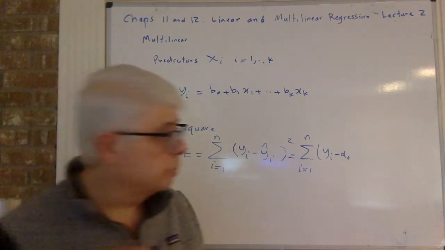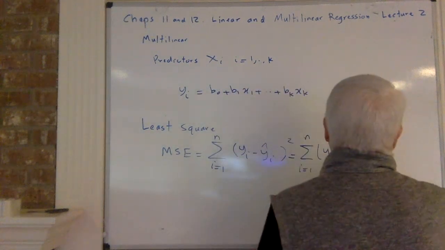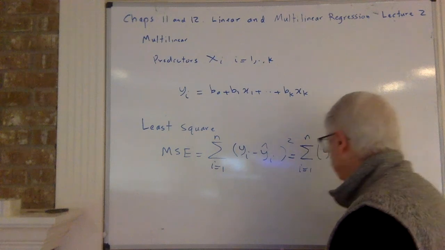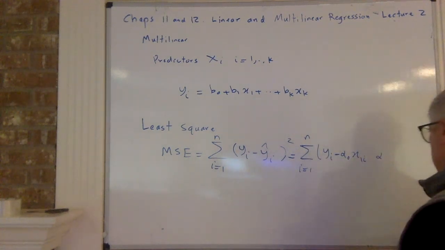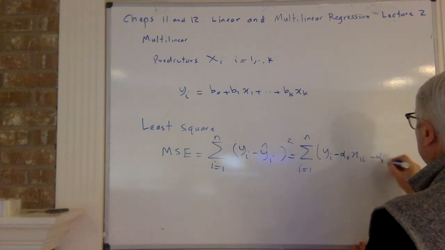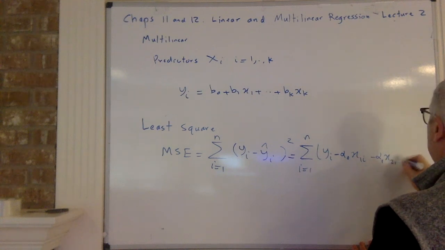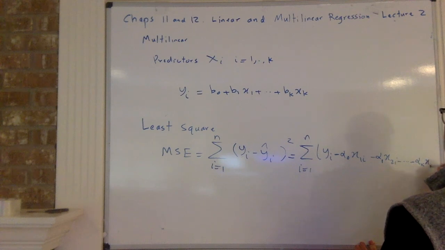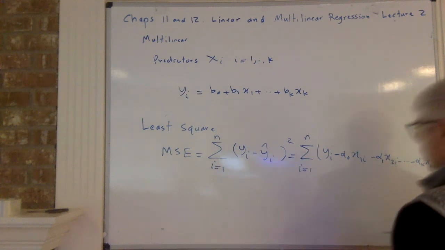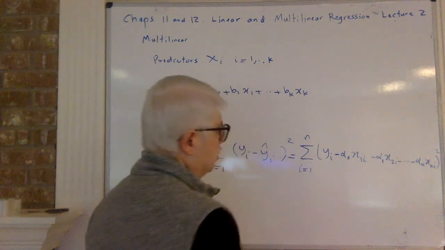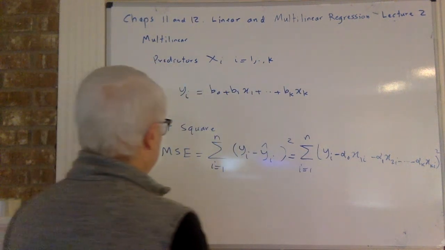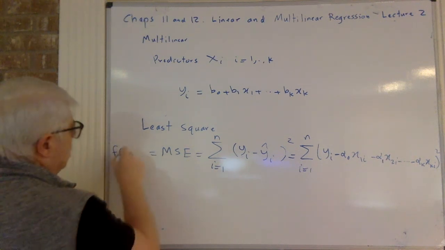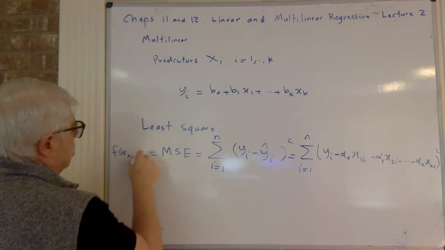It is b0 x1i, minus again, b1 x2i, minus dot dot dot, minus bk xki, squared. Okay? So this is like a function of the b's. So we want to find the b's, b0 up to bk.